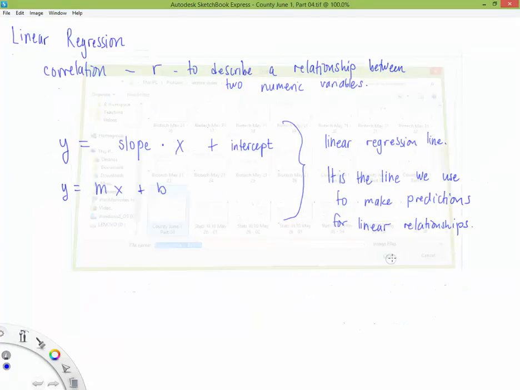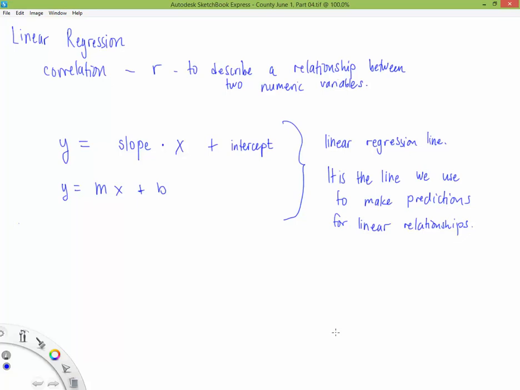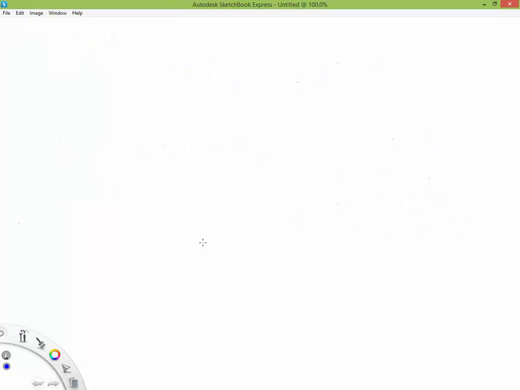Okay. So for linear regression, we often put a small hat over our y to indicate that this is a prediction.